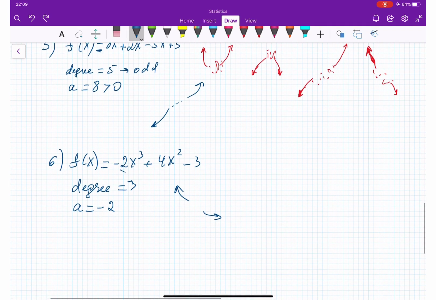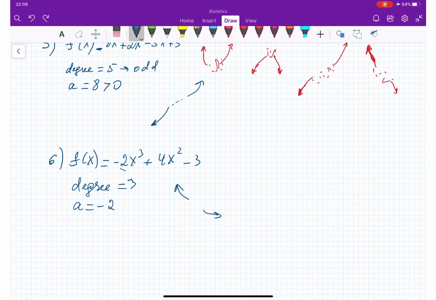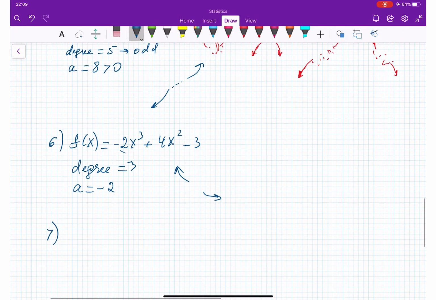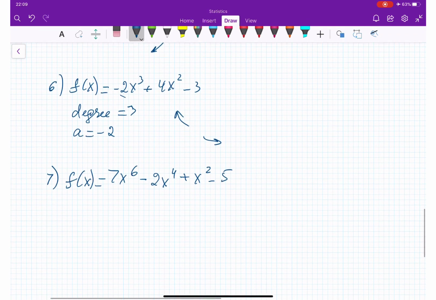Okay. Question number 7. I have f of x is equal to 7x to the power 6 minus 2x to the power 4 plus x squared minus 5.